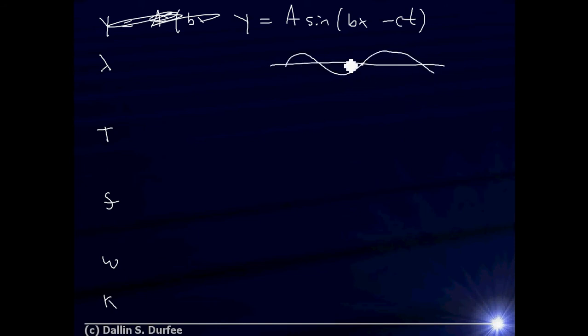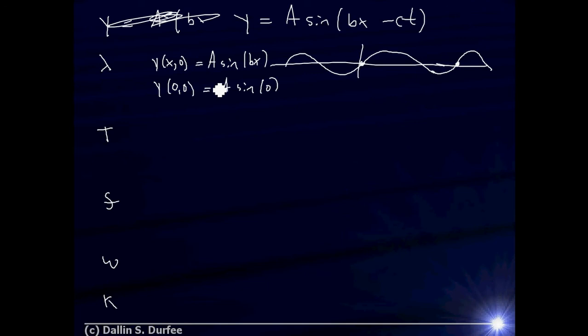Let's say I start at the origin. How far do I have to go before my wave starts to repeat again? At time equals 0, this is A sine of Bx. Now at x equals 0, this is just A sine of 0.